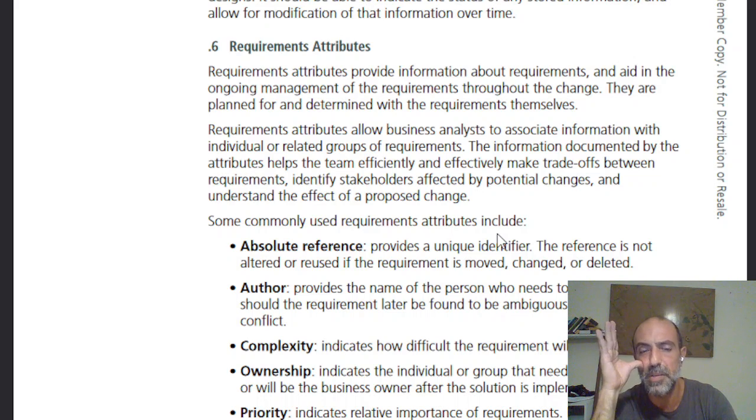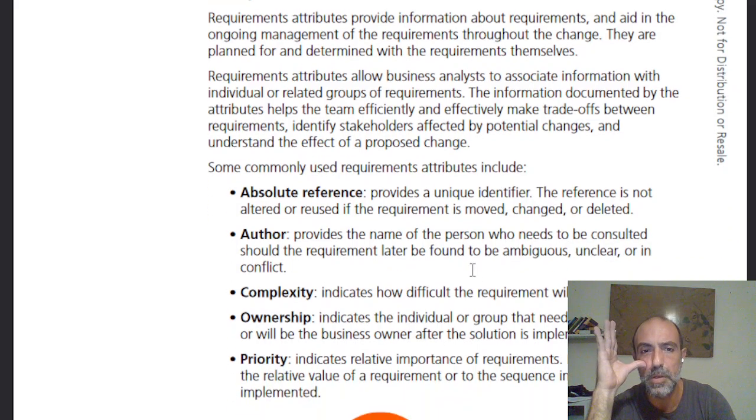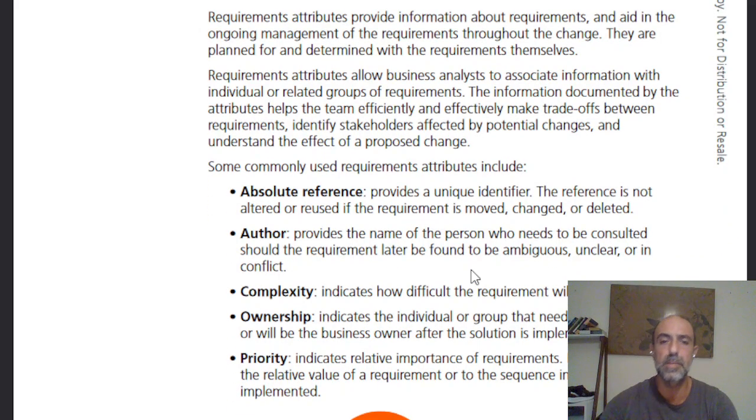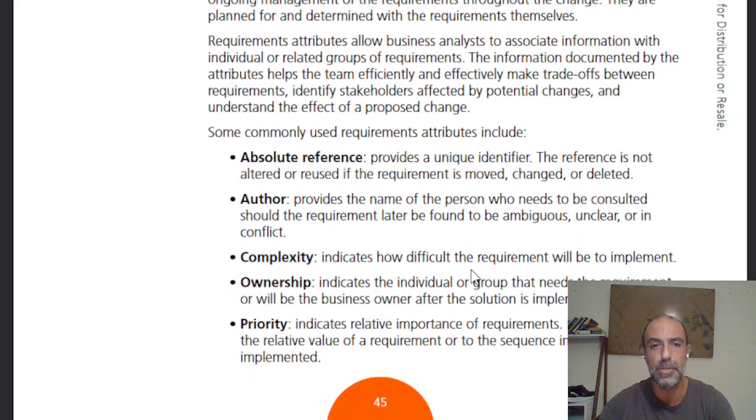So basically, what are the attributes of the requirements? Some commonly used requirement attributes include absolute reference, author, complexity, ownership, and priority. That's us tagging things, right? Let's use Facebook as an example, tagging things.